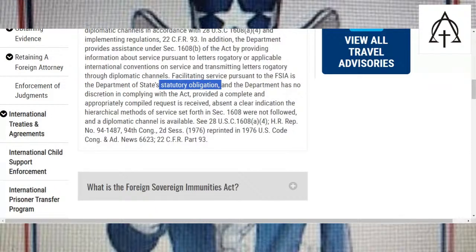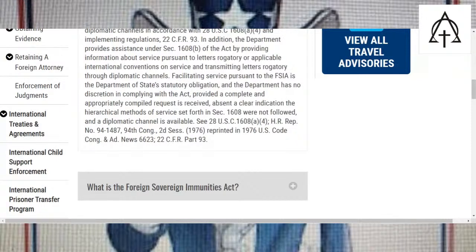It is an action in rem on the property, and under the Foreign Sovereign Immunities Act they have a statutory obligation of making a judicial determination before they go taking somebody's property. And that is the problem. They've already entered everybody into the judicial system as if that adjudication was already done, and it never happened.